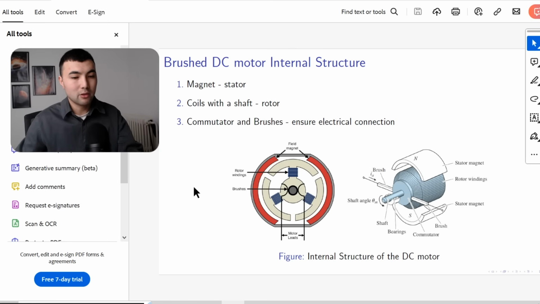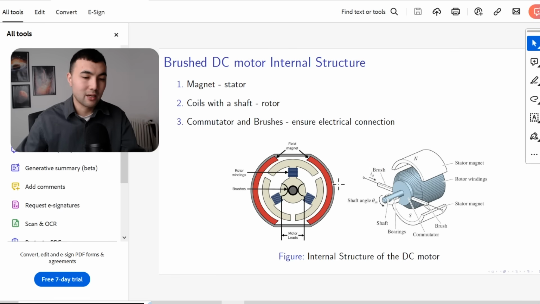So let's talk about the internal structure of the DC motors. So inside of a DC motor, we have these magnets as the static part of the motor. And inside of it, we have these coils. And I think the key part of the DC motors is these brushes and commutators.